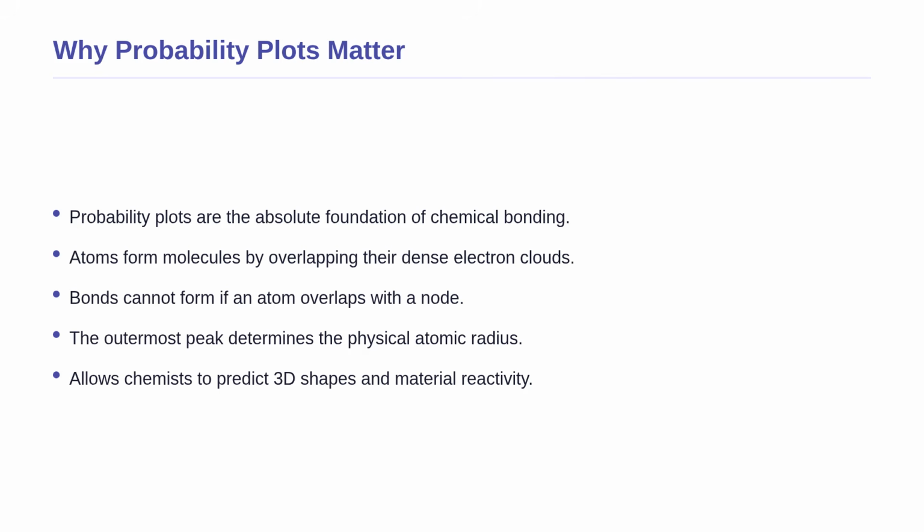For instance, if an atom tries to bond by overlapping with the exact location of a node on another atom, no bond will form because there are no electrons there to share. Furthermore, the outermost peak effectively determines the physical size of the atom. Understanding these plots allows chemists to predict how different materials will behave in the real world.